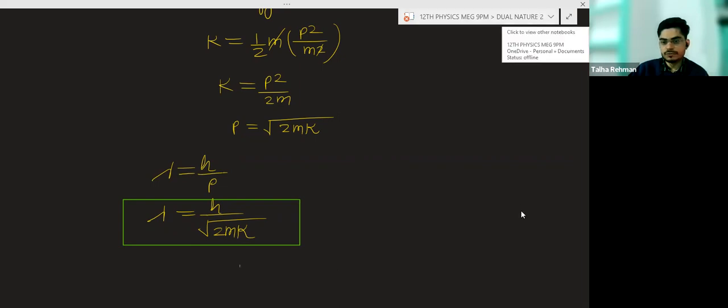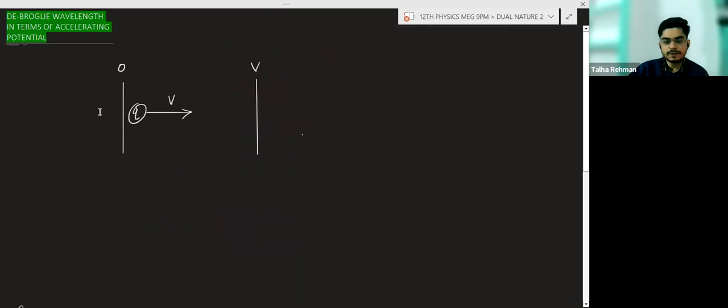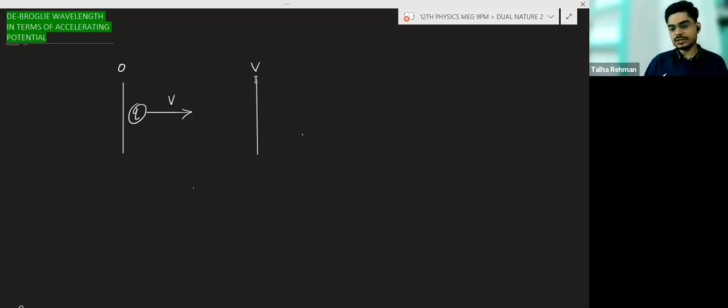Now, the de Broglie wavelength in terms of the accelerating potential. Suppose this is a charged particle, and this charged particle is moving from zero potential to V potential. If a charged particle is moving from lower potential to higher potential, for the motion this charged particle has to do some work, and to do that work, energy is required.